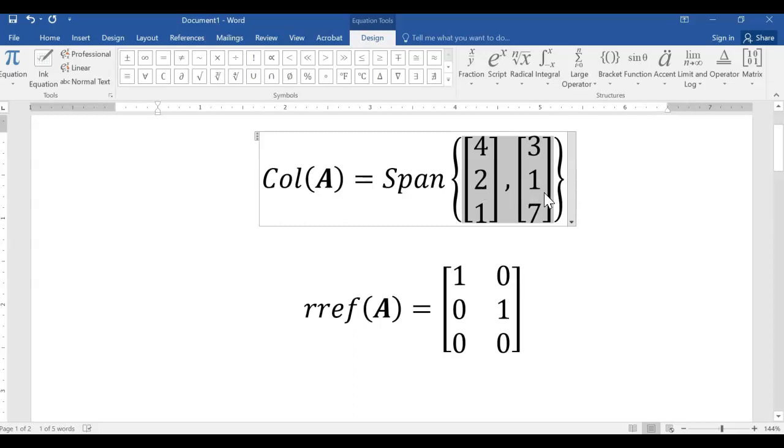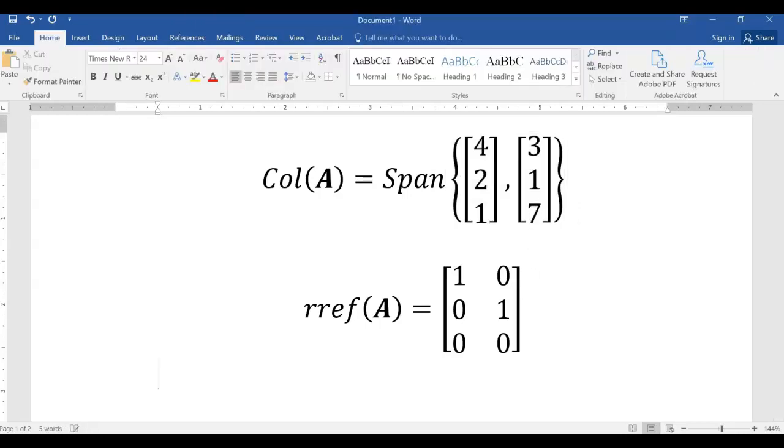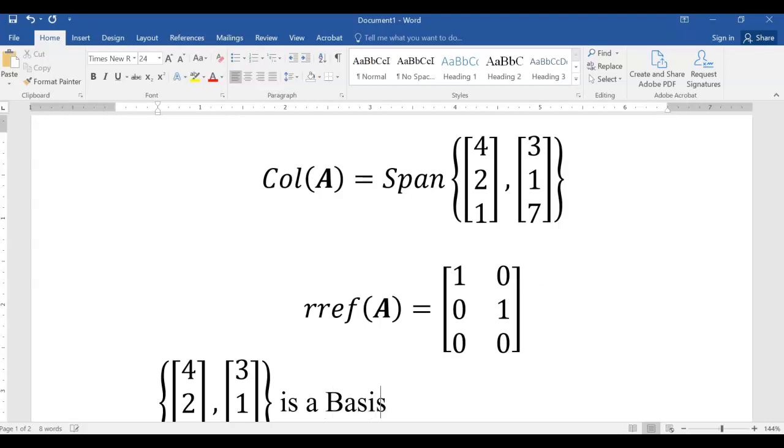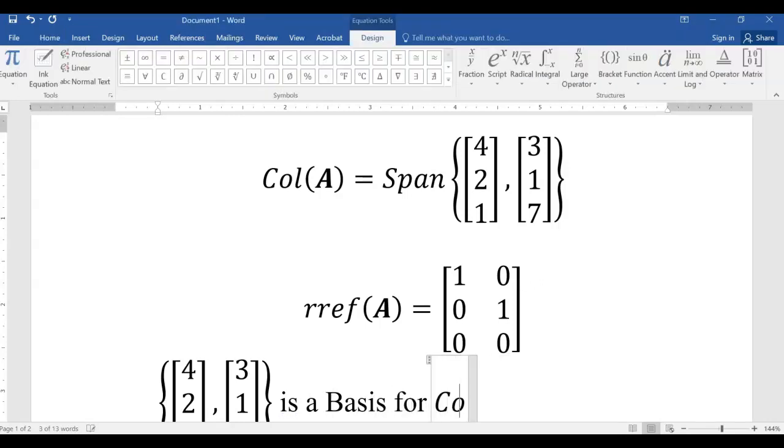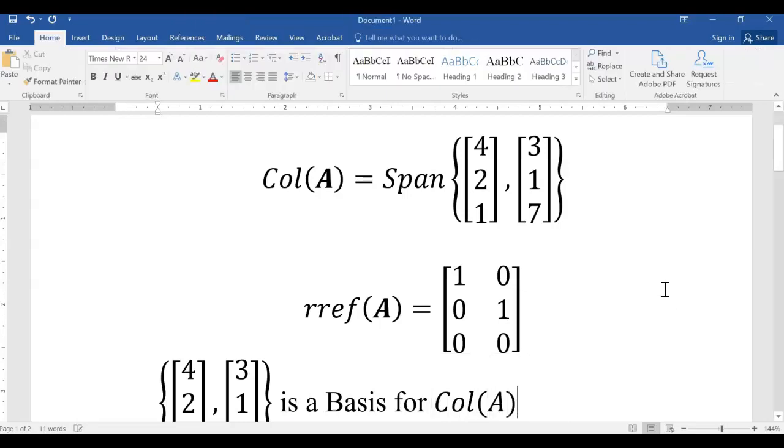So the 2 vectors are linearly independent, and they generate the column space of A. That means these 2 vectors form a basis for the column space of A. All right?